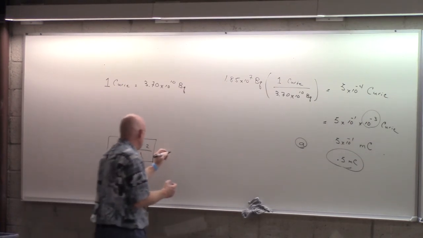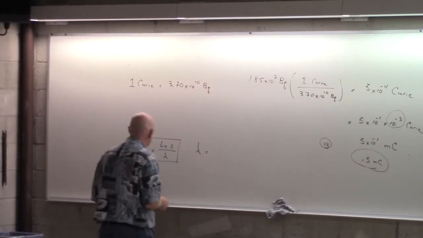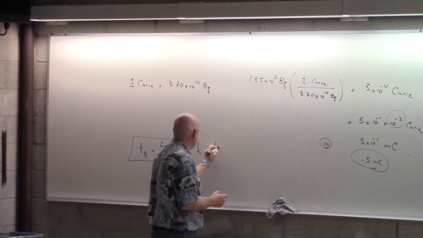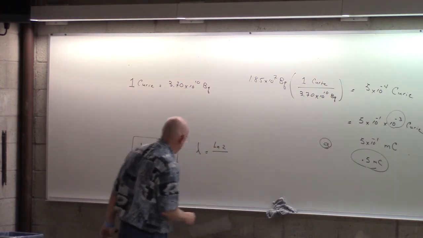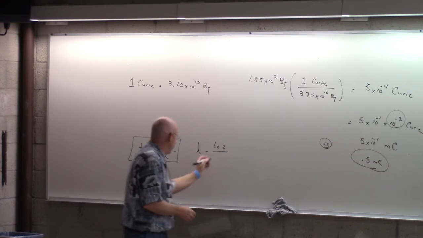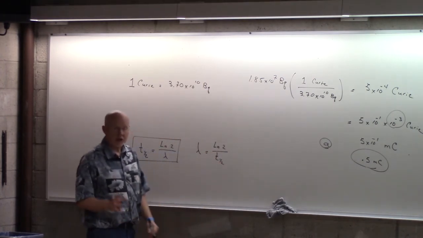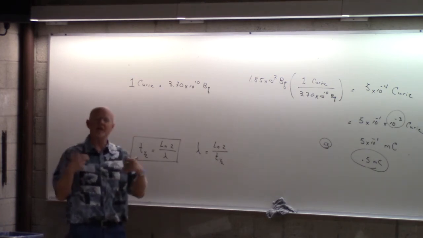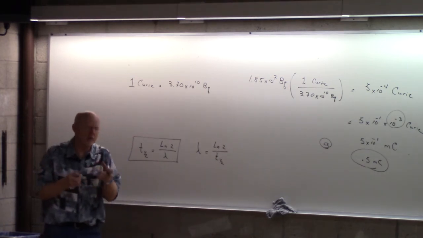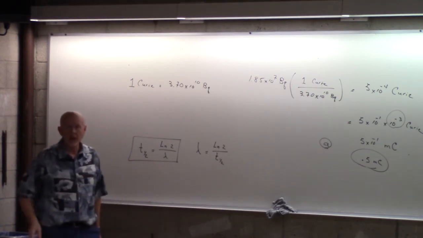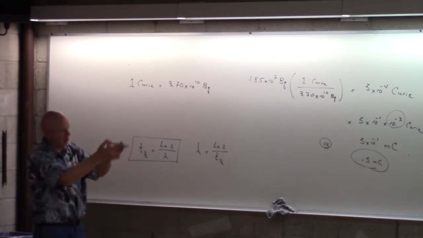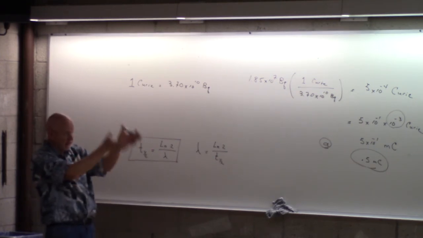This says lambda then is equal to the natural log of 2 over the half-life. And so again, when humans talk, we like half-lives. We don't like the decay constant.